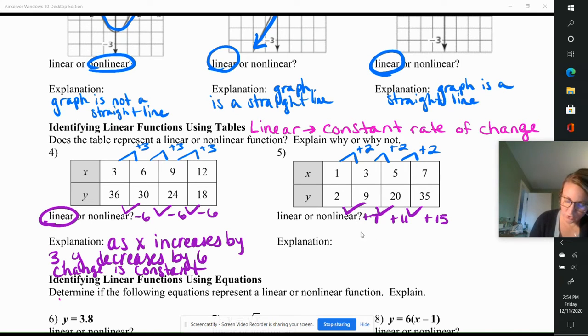So because that change is not constant, this is what makes this function nonlinear.